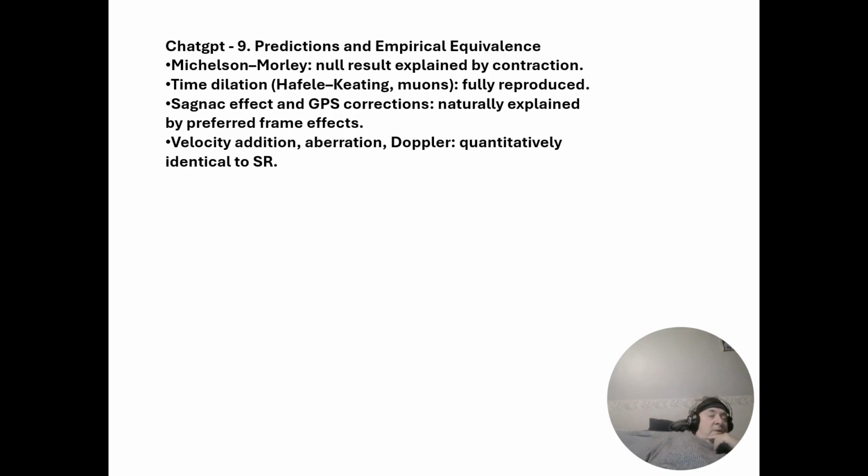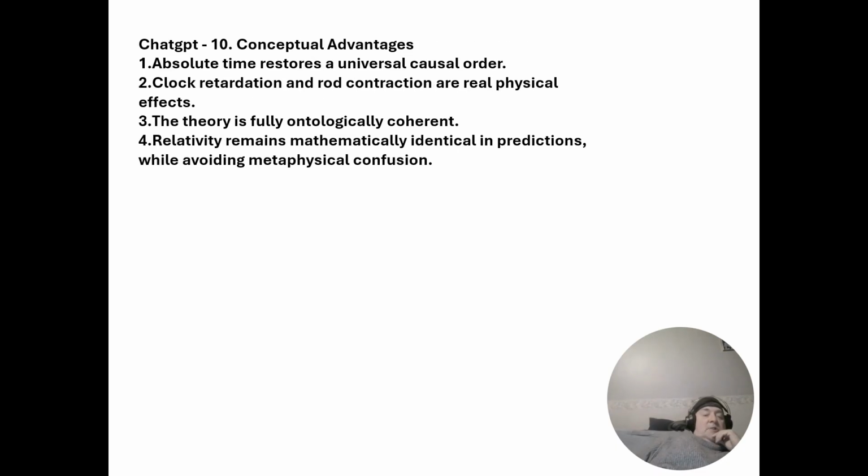Next we go on to predictions and empirical equivalence. The Michelson-Morley experiment's null result is explained by contraction. Time dilation, by such things as the Hafele-Keating experiment and so forth, is fully reproduced, and the Sagnac effect and GPS corrections are naturally explained by preferred frame effects. The velocity addition, aberration, and Doppler effect are quantitatively identical to special relativity. Next we go on to conceptual advantages.